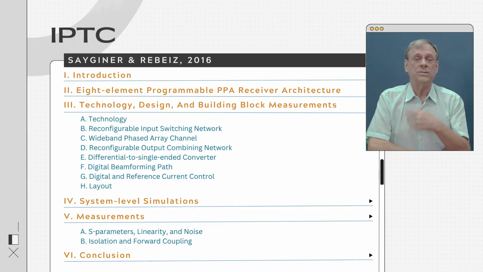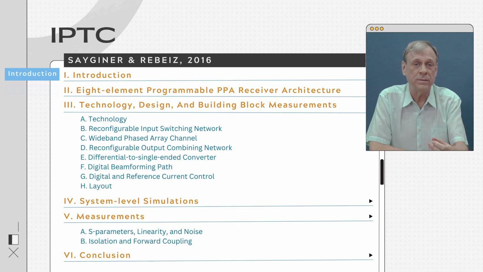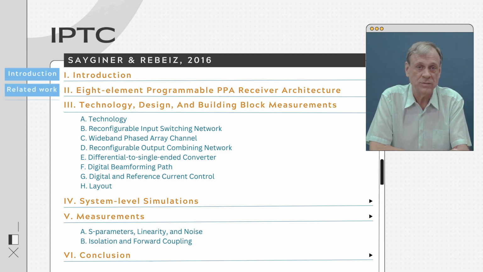Right. So again, here is an engineering article. The first introduction is very clear. The second, talking about the receiver architecture, that's actually related work. That's past work that's describing sort of the framework on which we're building this.